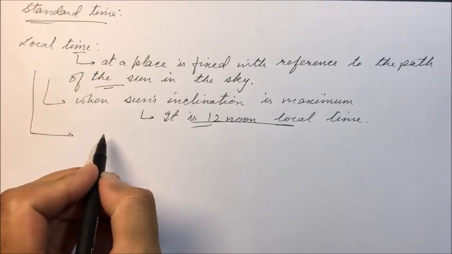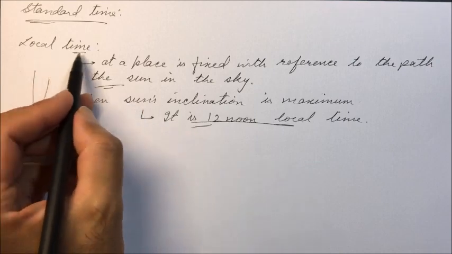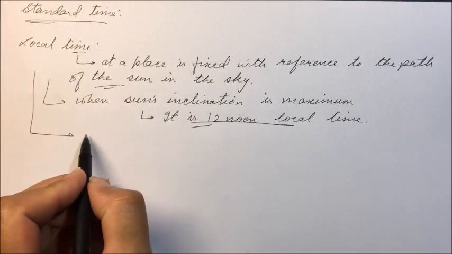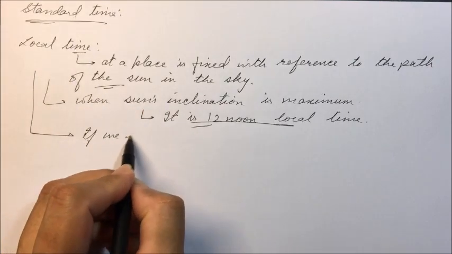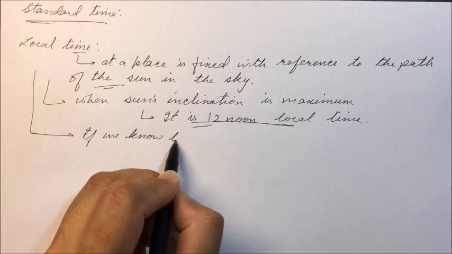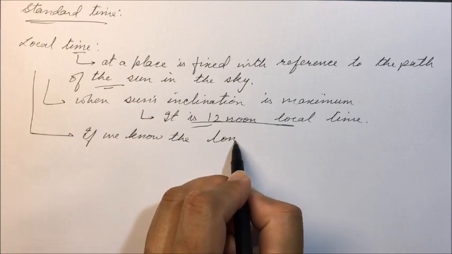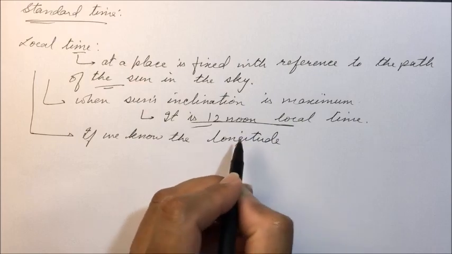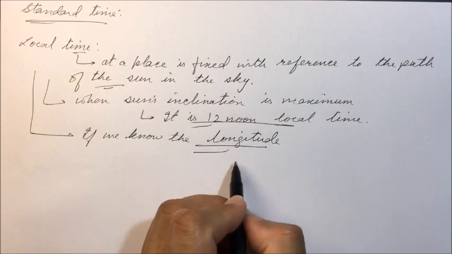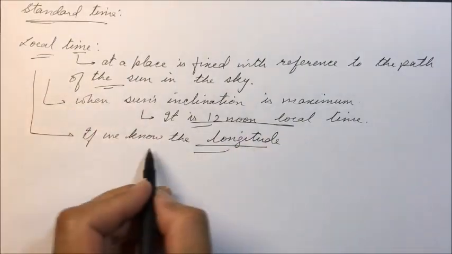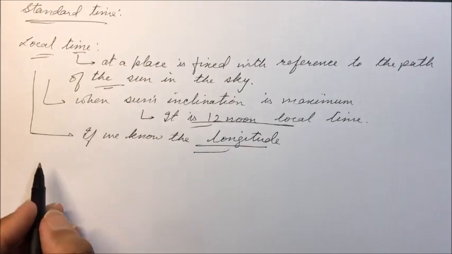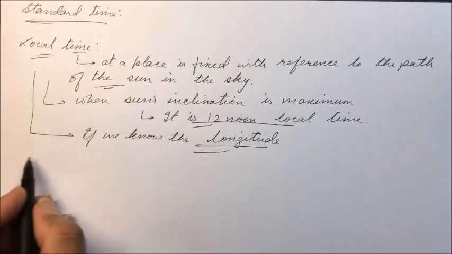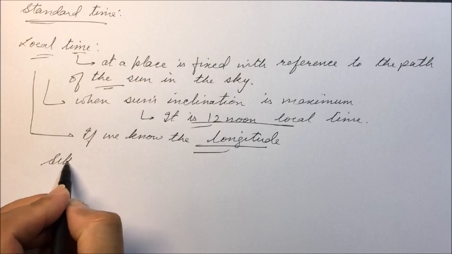So how can we calculate the local time at any particular location? If we know the longitude, we can calculate the local time at that particular place. I am taking one example. For example, you are at Sikar.